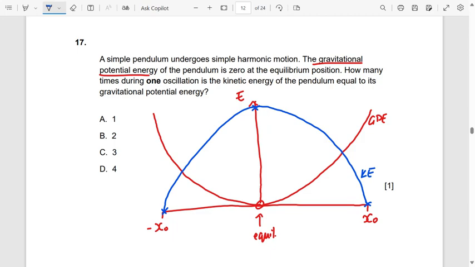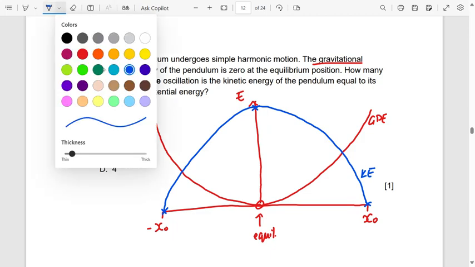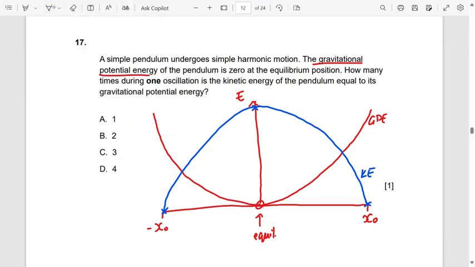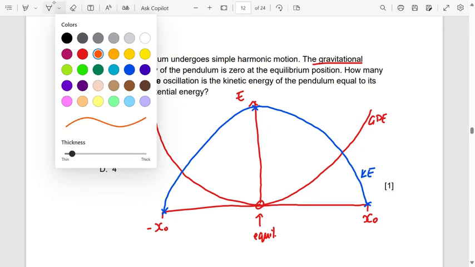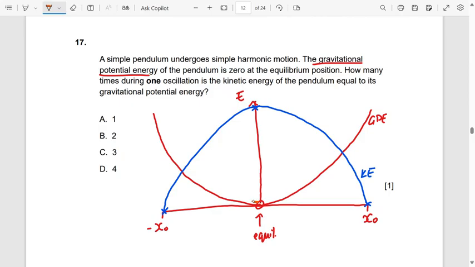Now you have to figure out how many times they cross in one oscillation. I'm going to start from equilibrium. It doesn't matter where you start from, you will always get the same answer. The pendulum passes through this point.